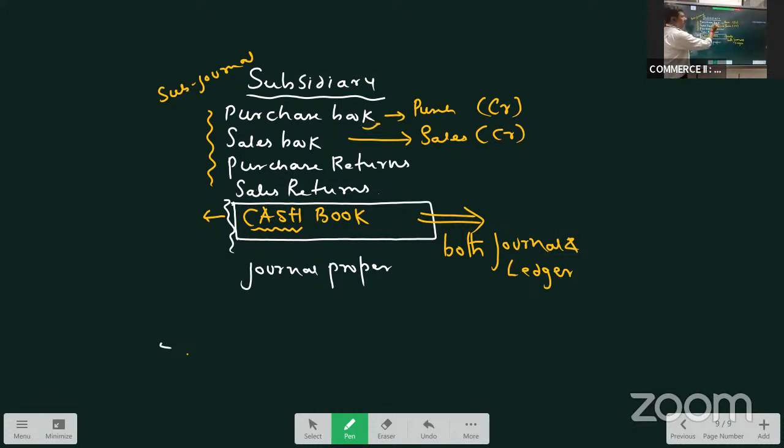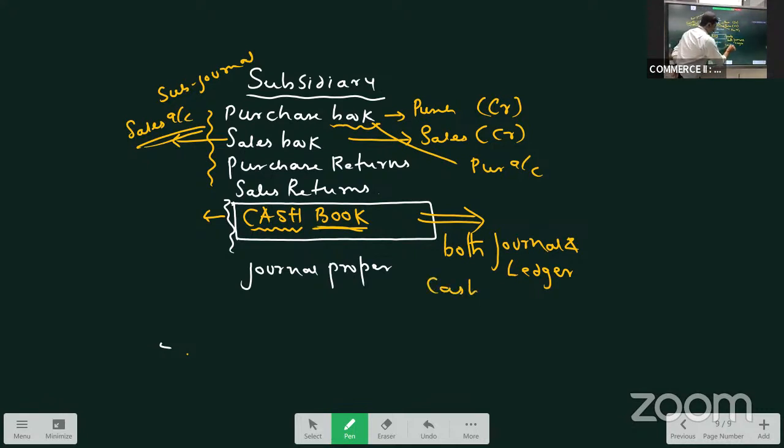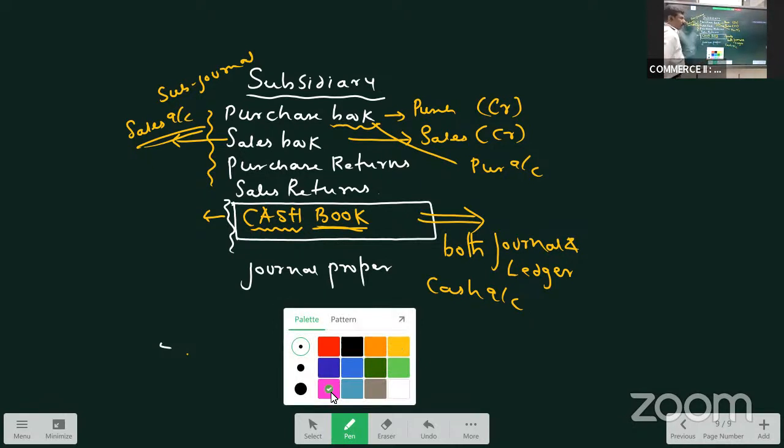After we prepare the purchase book, we have to prepare the purchase ledger, that is purchase account. Similarly, after preparing the sales book, we have to prepare the sales account. But after preparing the cash book, do we prepare a cash account?